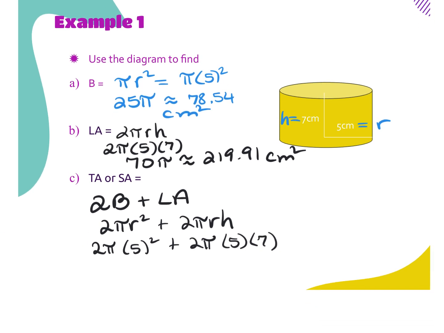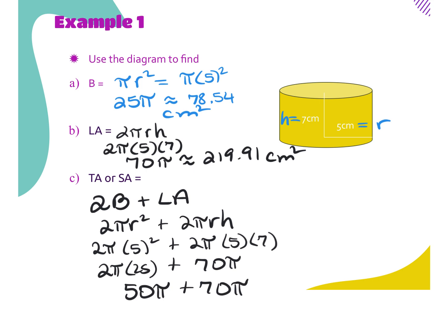Same as the beginning, it was 5 squared, so 2 pi times 25. This gives me 50 pi for the two bases together. This gives me 70 pi. So when I add 50 pi plus 70 pi, this gives me 120 pi. And then using your pi button, 376.99. And again, these are both centimeters squared.